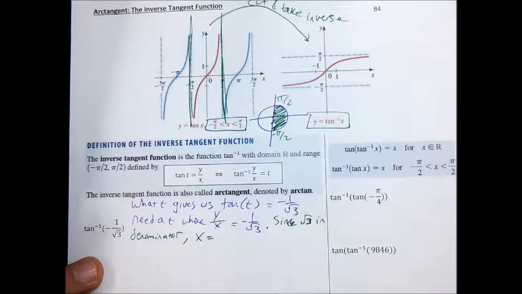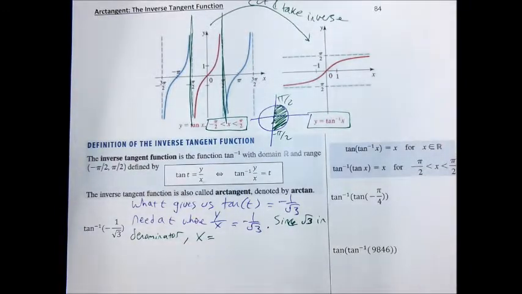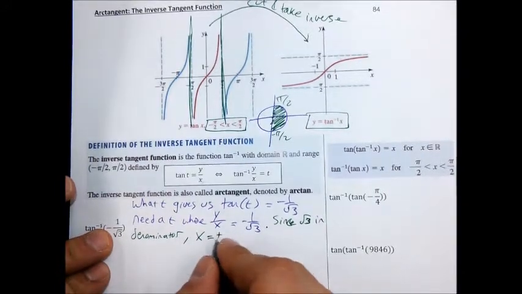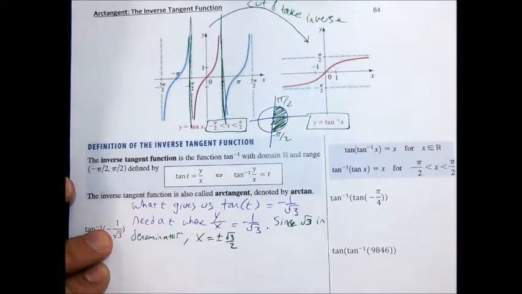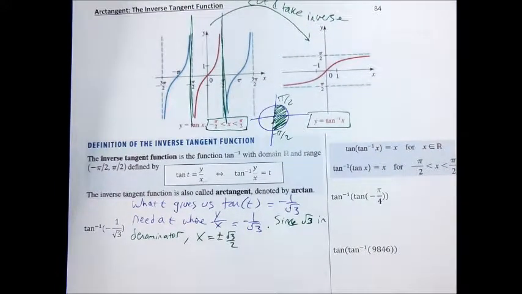And what type of points have root 3? What goes with root 3? Nothing just has root 3. It's root 3 divided by 2. So x should be some form of root 3 over 2, right? Because that'll put the root 3 in the bottom.